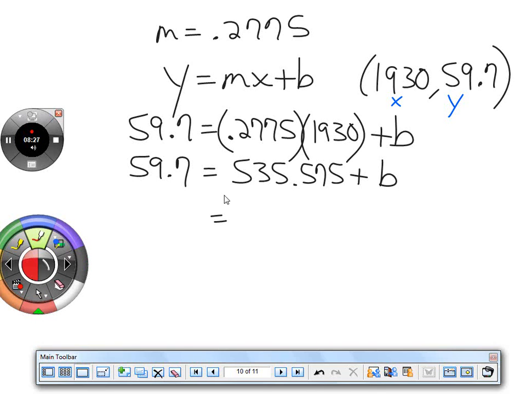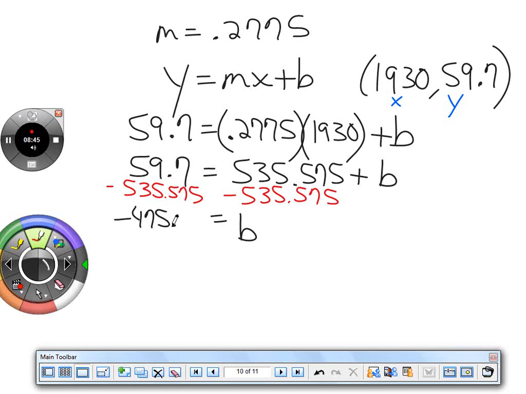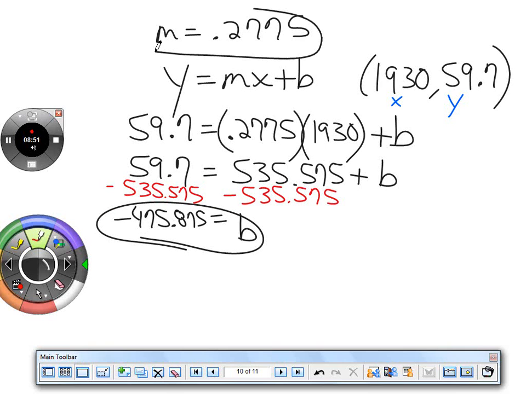So we're going to subtract 535.575 from each side. And so b equals negative 475.875. So there's the b. We got the slope, we got the b, we come up with a really good equation.